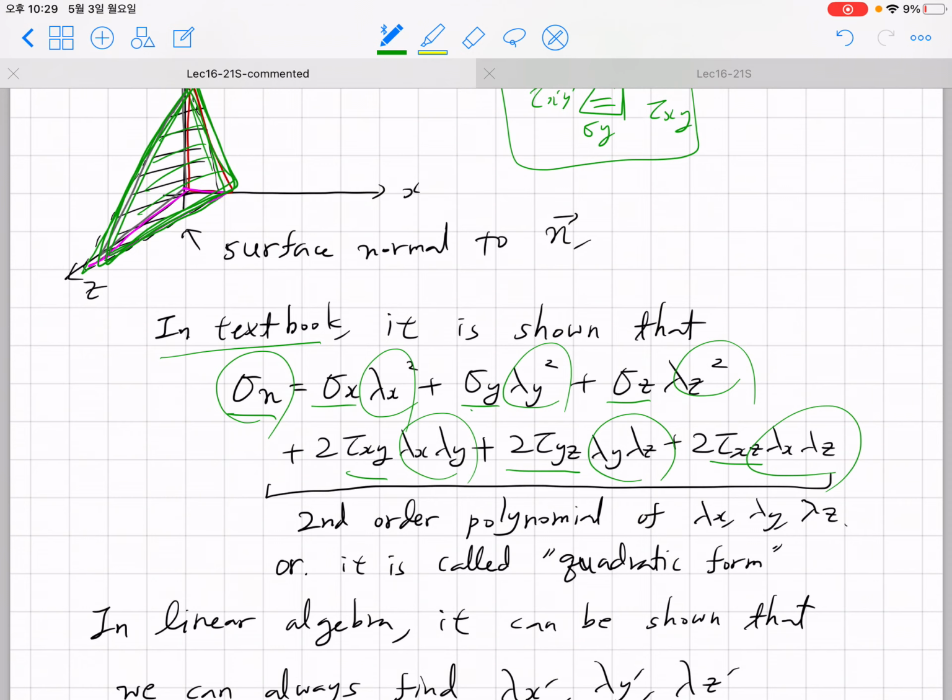Here, what you have to notice is that it is a so-called quadratic form.